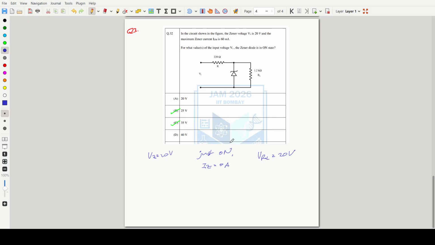And what would be the corresponding current? So 20 volts equals the current across RL times its value of resistance. So IRL is 20 by 1.2 milliamps, which let me pull out my calculator real quick.